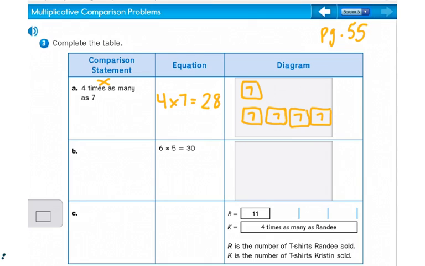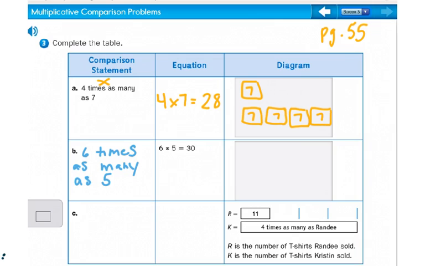In letter B, we are given the equation, and now we're going to use some words. We're going to say 6 times as many as 5. You also could say it 5 times as many as 6. That would be the turnaround fact. What would that look like as a diagram?